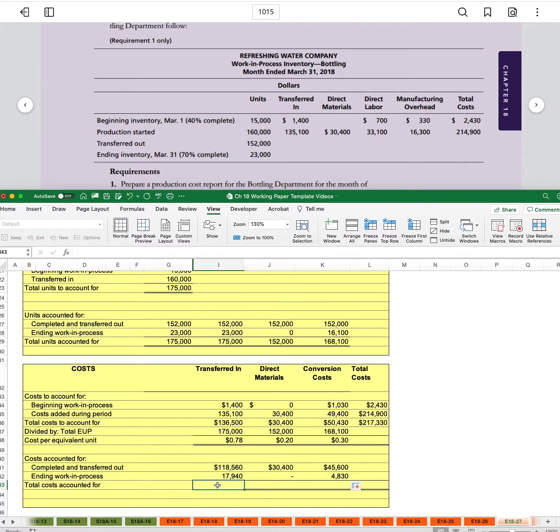And so then we have total cost accounted for. We'll do a sum of these two different costs that we calculated. And we can pull this all the way over. And so now we just need to do a sum function for each row.